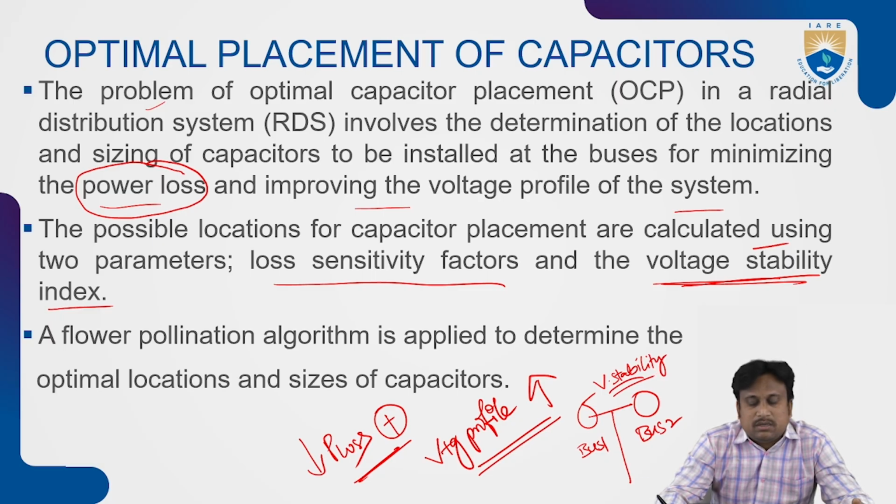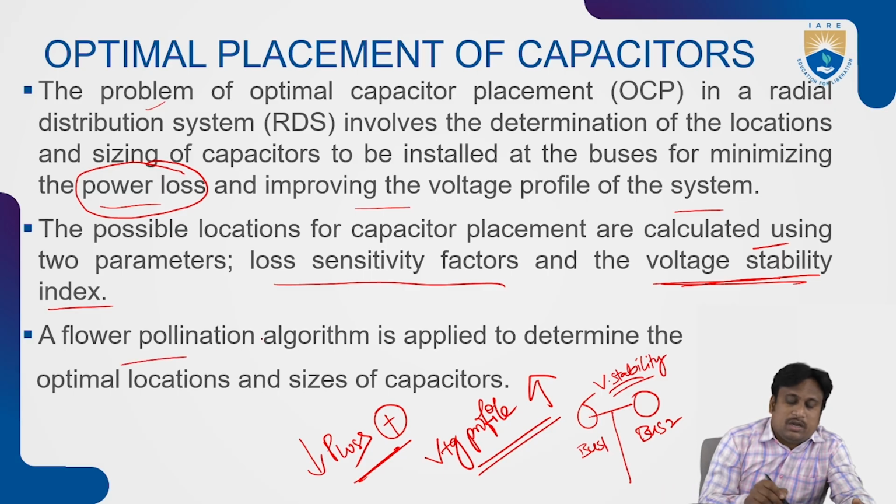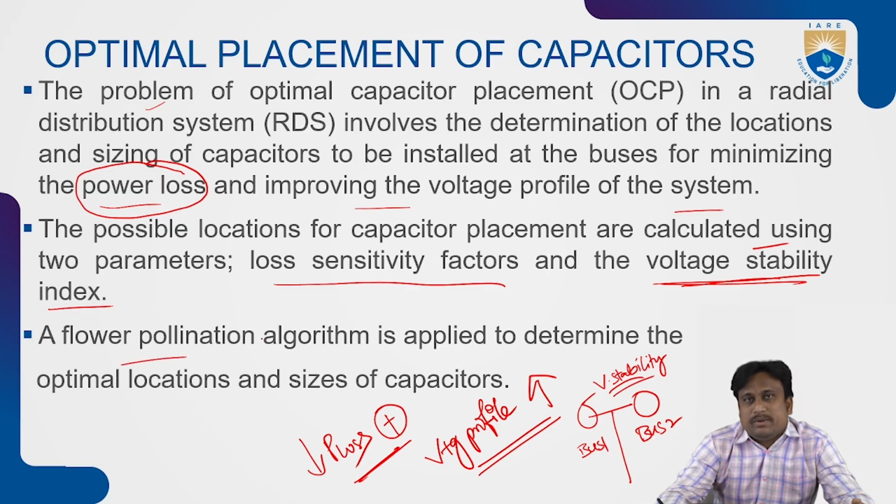That constraint is also considered here. Pollination algorithms are being developed as the latest advanced technologies to determine the optimal locations. One of the most suitable algorithms is introduced into the systems to determine the optimal location and the size of the capacitors. These are very important to consider.